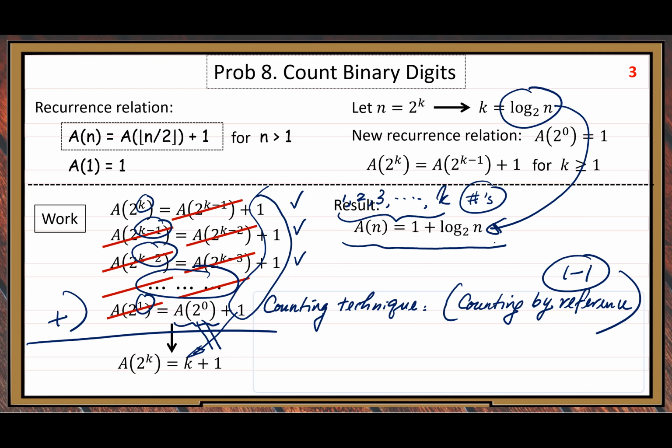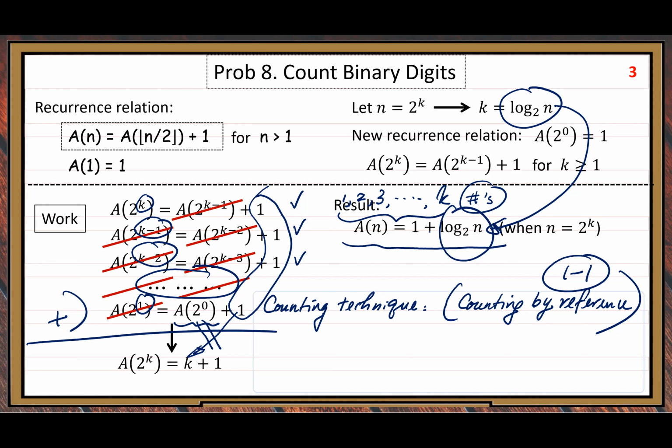All right. But this expression is only true for N equals 2 to the power of K. If N is not a power of 2, this expression may not be correct. Because obviously, we know log base 2 is not necessarily an integer, right?